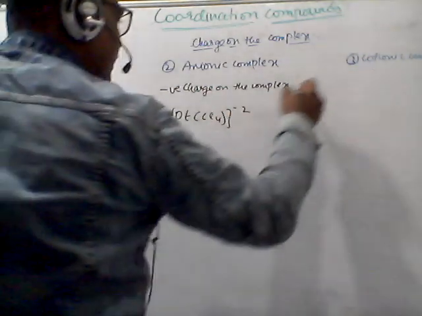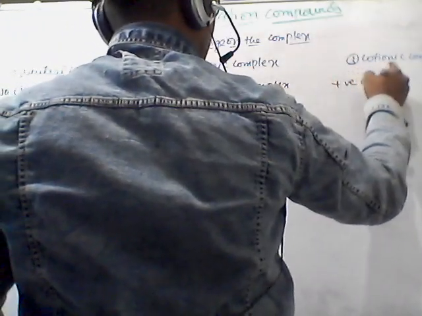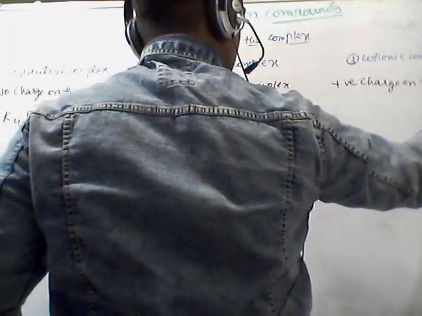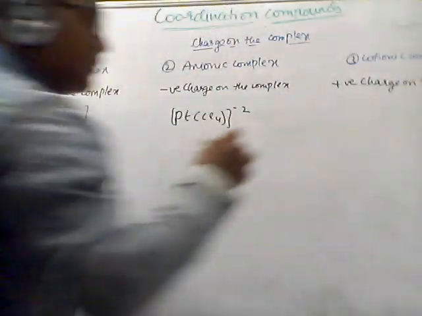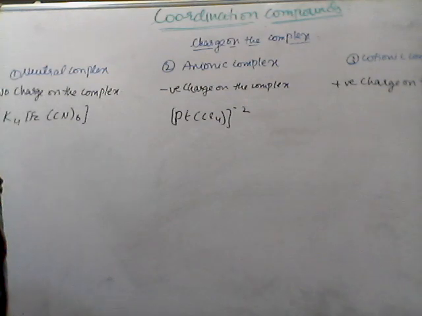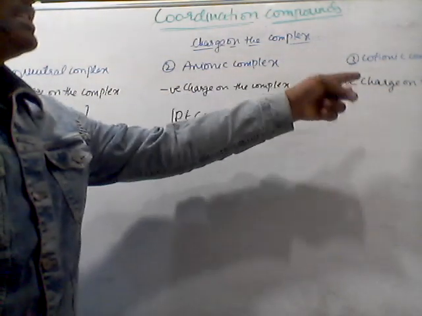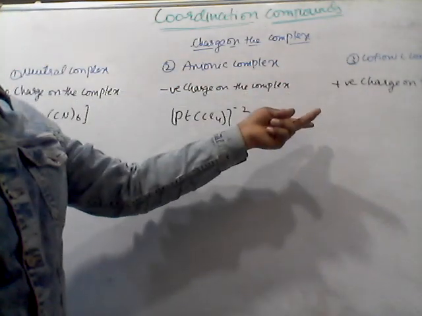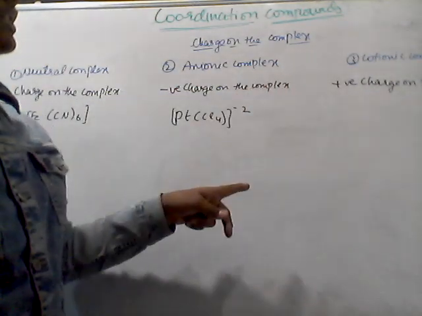Coming to cationic. Cationic will have a positive charge on the complex, and hence it is called a cationic complex. Let us see the example for it.